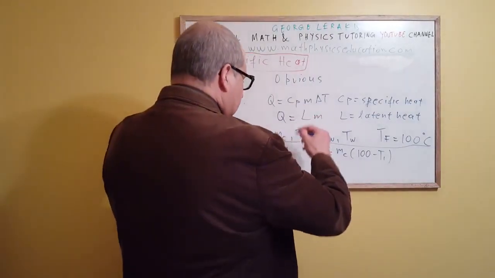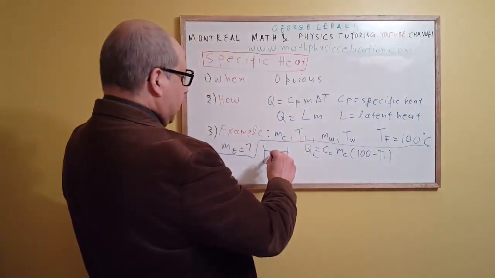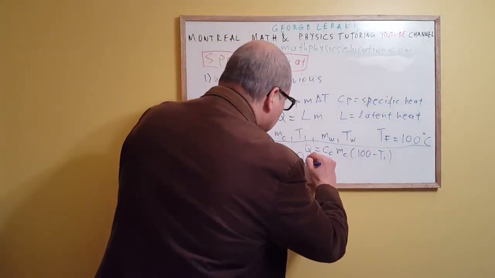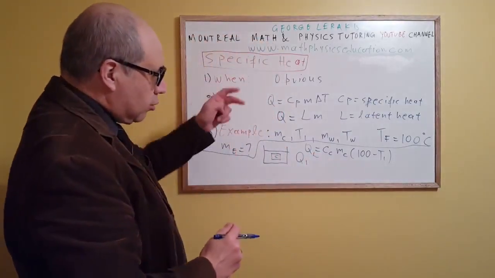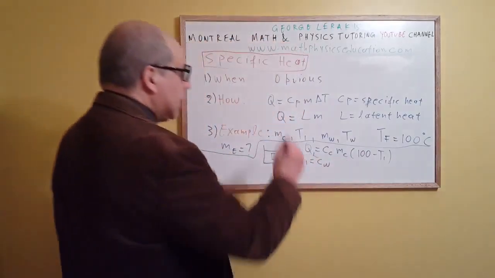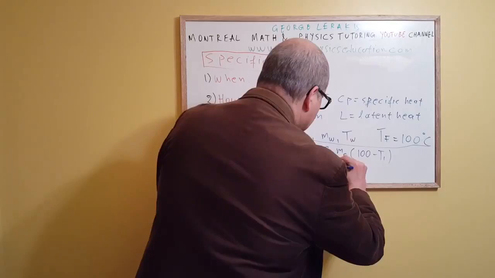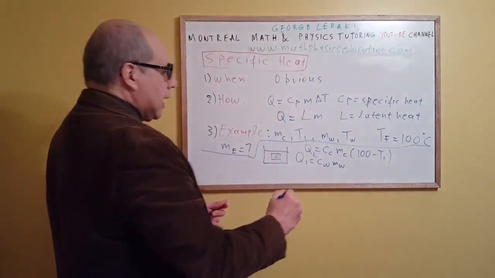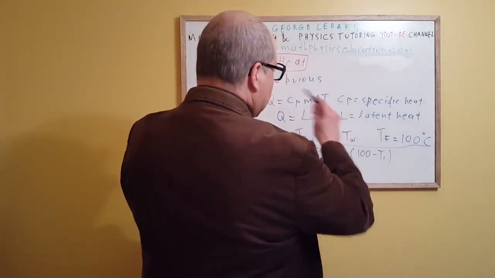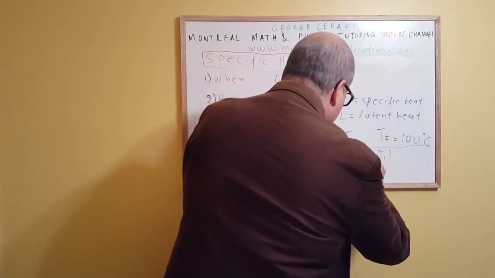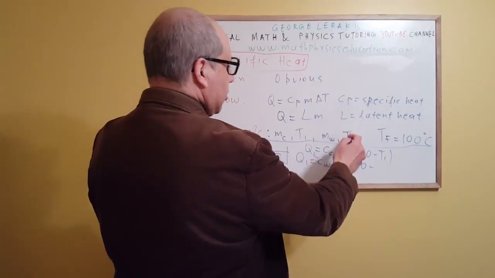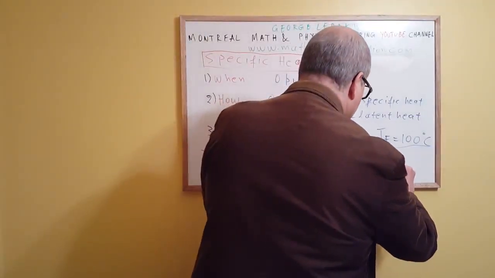So that means that for the water, we will have Q1, let's say, which will be the C of water times the mass of water times the delta T. Here again, the delta T will be the final temperature, which is 100, minus the initial temperature of the water, which is TW.